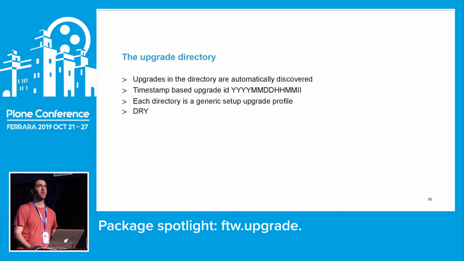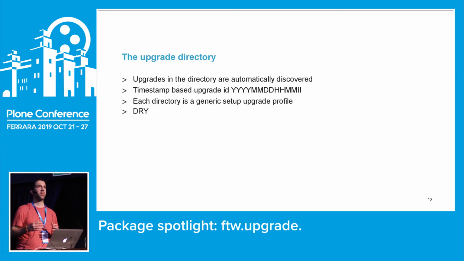You don't have to increase the version number manually. This is inspired by other frameworks, like Rails, for example, which uses a similar approach. Then each of those generated directories will contain Python code for your upgrade step handler, and it is also a generic setup profile itself.